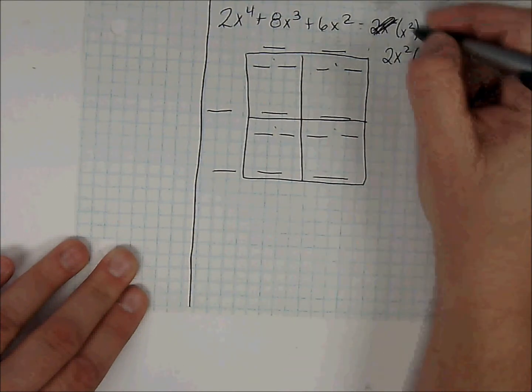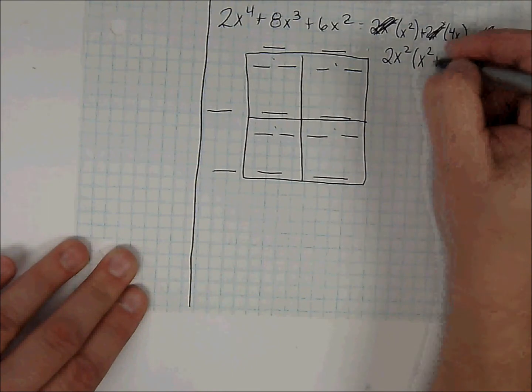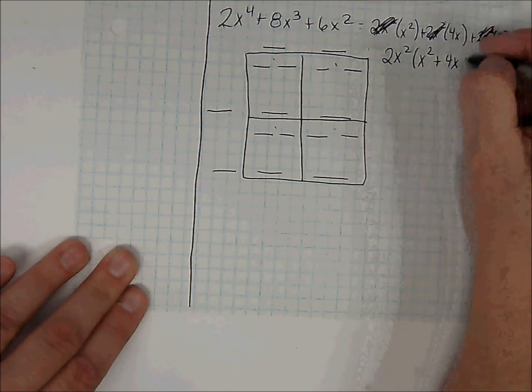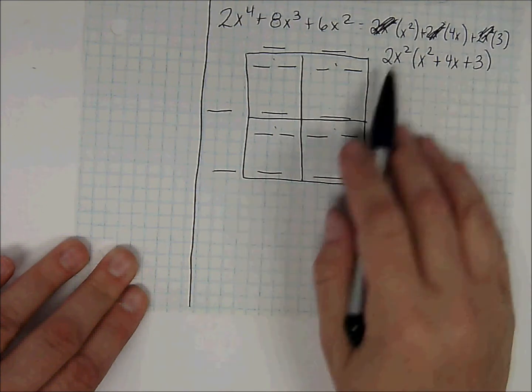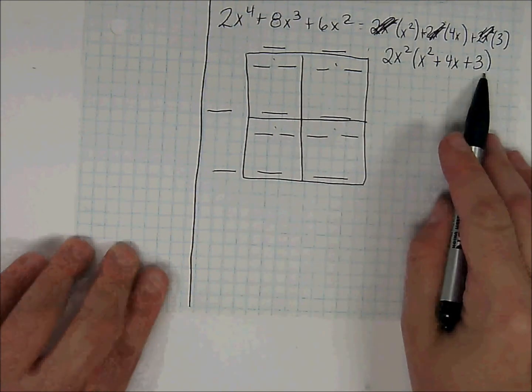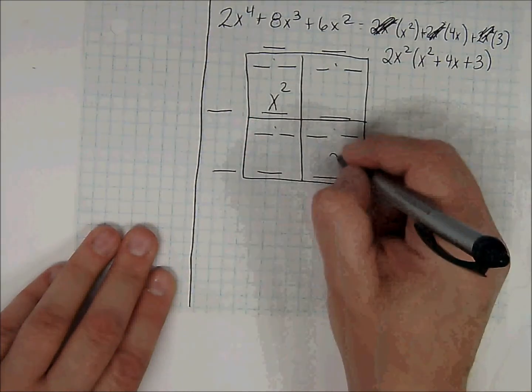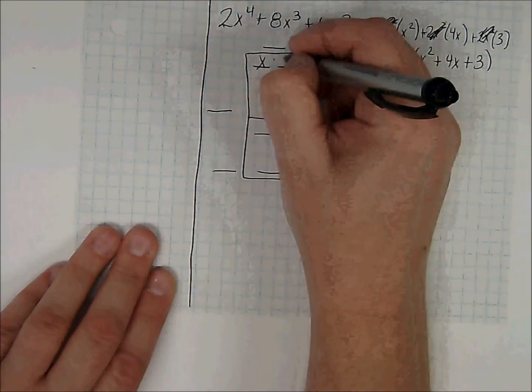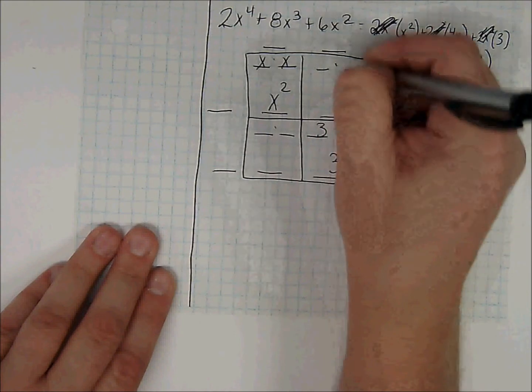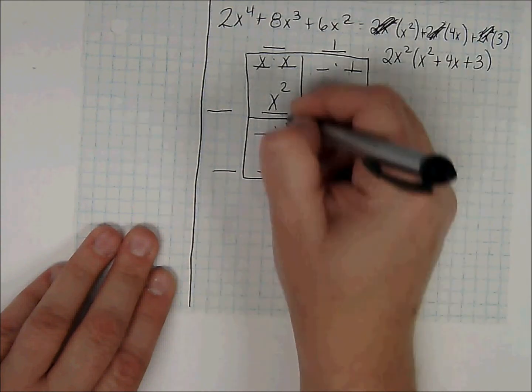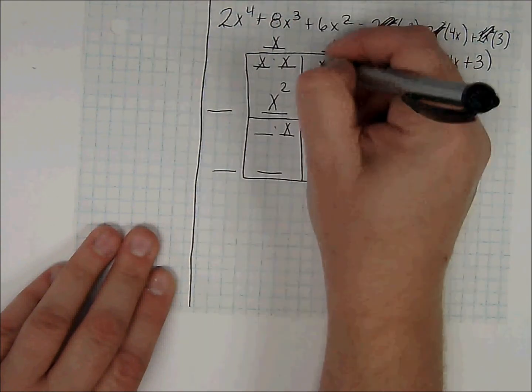And I'm looking at x squared plus 4x plus 3. This part's done. I can factor this. I'm pretty positive. I'm going to try it because there are going to be times that that won't factor. X squared is x and x. 3 is 3 and 1. Let's see if it works. These are x. These are x.